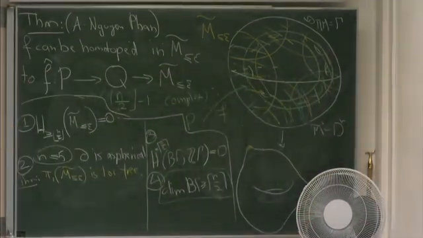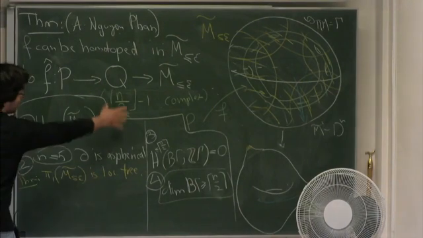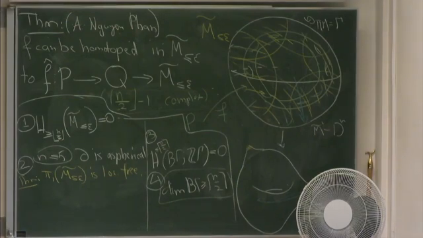And this needs to happen in such a way that at infinity the cycle collapses to something that's actually lower dimensional. Next, let me try to tell you how one can figure out which points at infinity to push to.